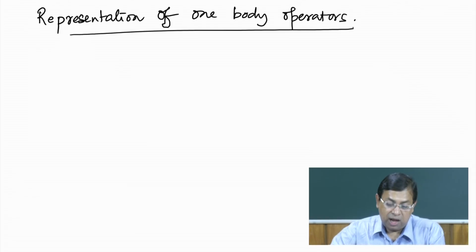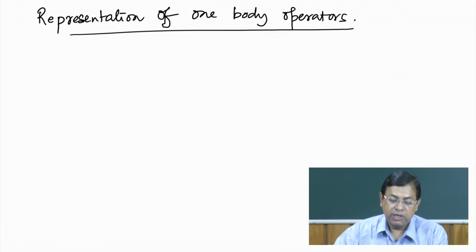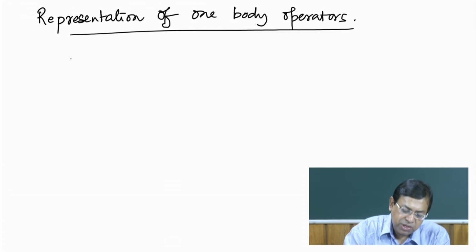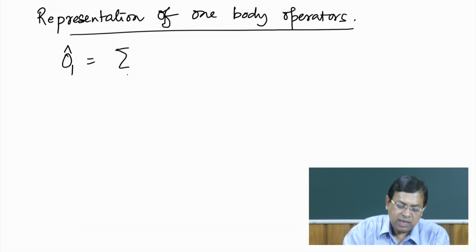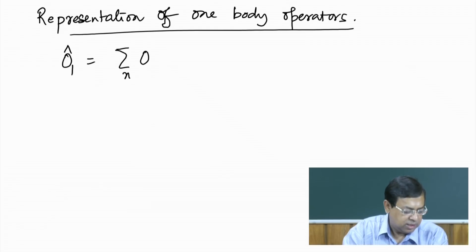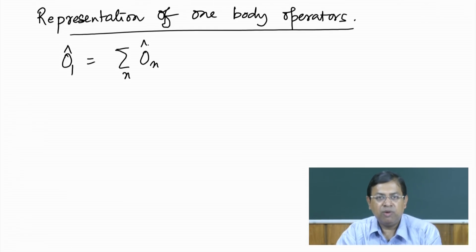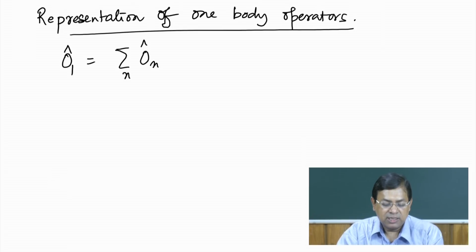And there are many examples of one body operators, and they would in principle be written as this, and then there is a sum, and then there is a n. So, we always put a cap when we particularly want to denote operators. And so, this single particle operator, this subscript 1, actually talks about that it is a one body operator.